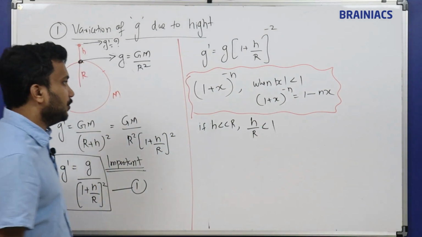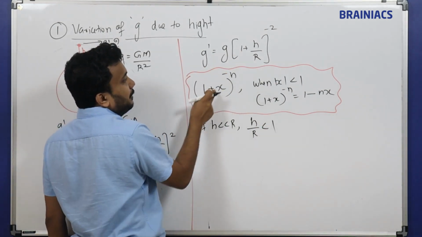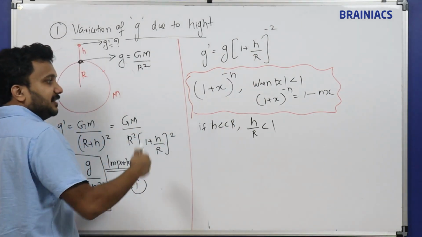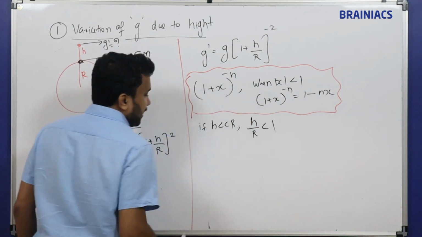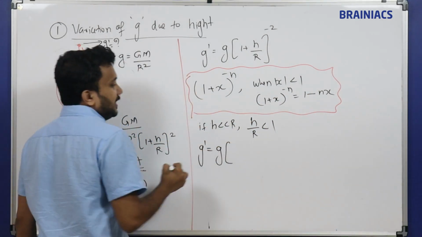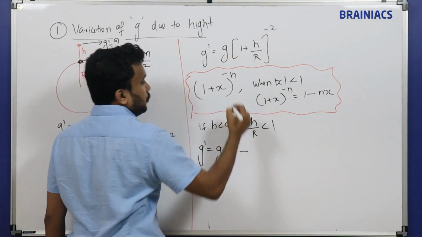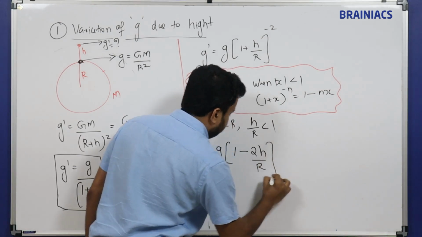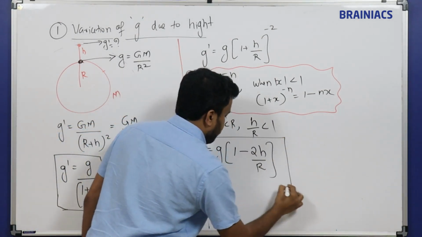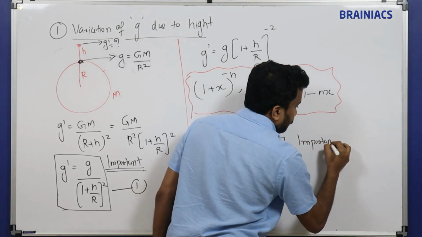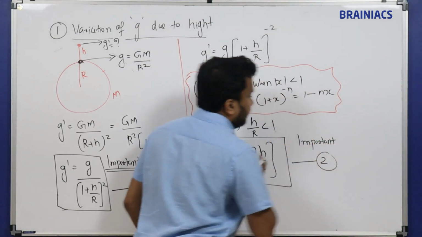Comparing with 1 plus x, instead of x we have h by r. Then you can write 1 minus nx, which means g dash equals g into 1 minus 2h by r, since n is 2. This is also important. This is my second equation.